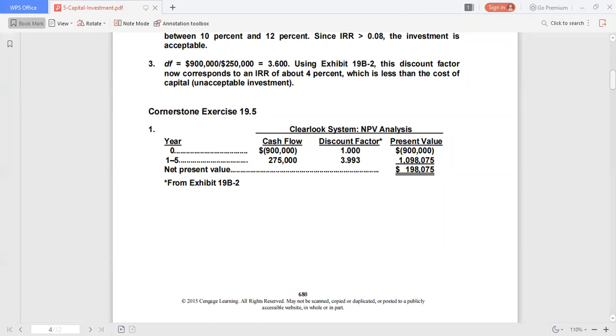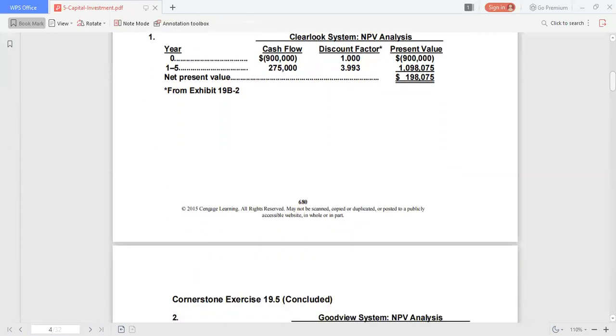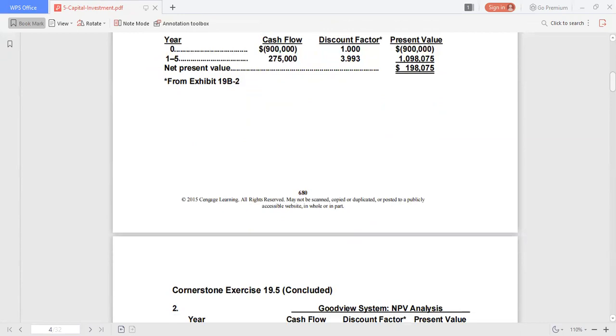So the NPV for the Clearbook system is taken by the following process: the inflow and the outflow. So the cash outflow at the beginning of the life of the project is 900,000. That's your system investment. And for years 1 to 5, you have now the annual revenues for the Clearbook, 720 minus 445.